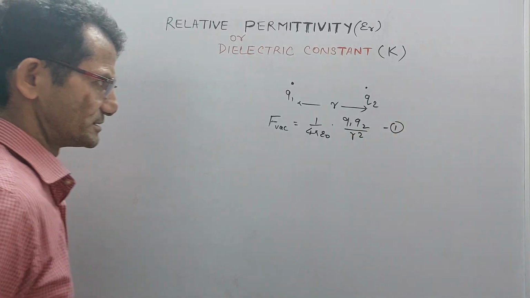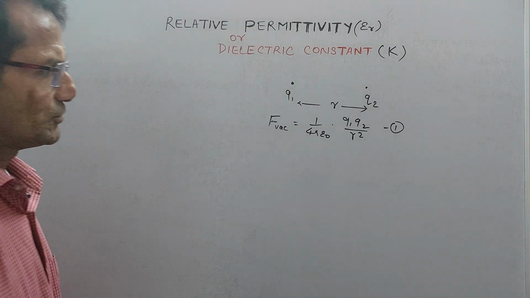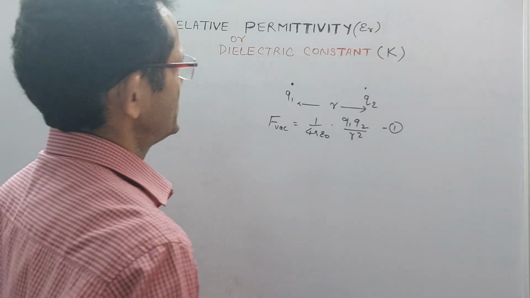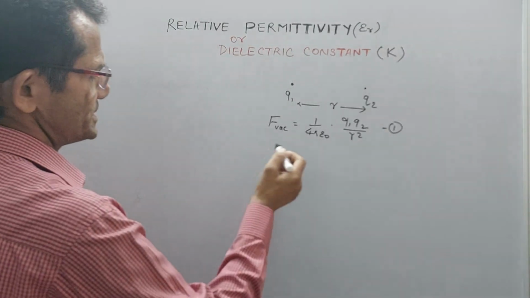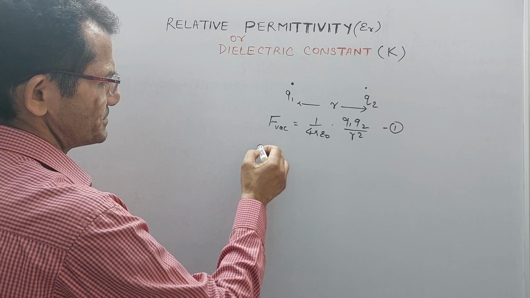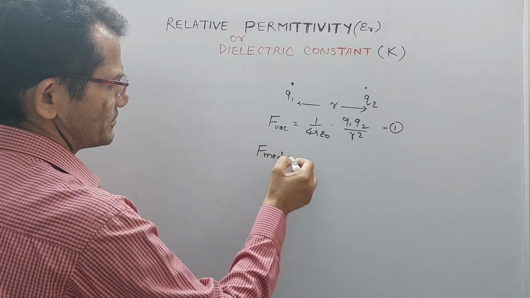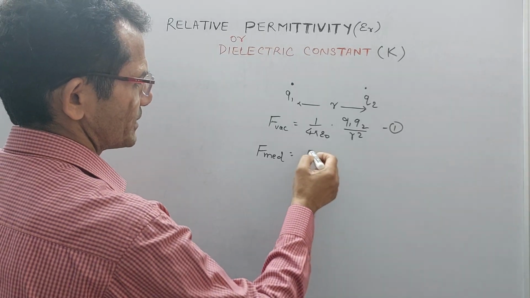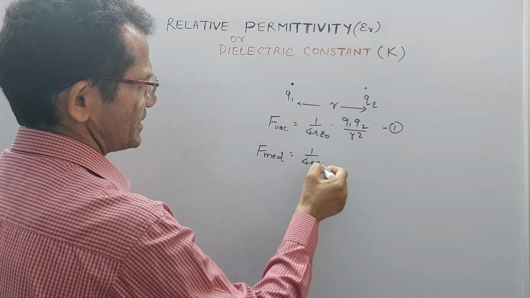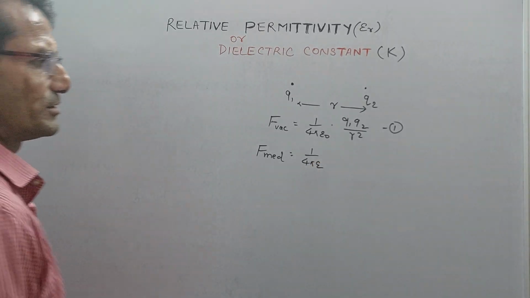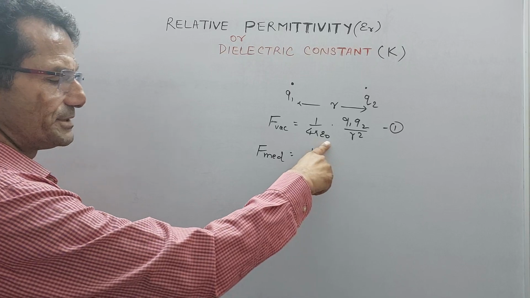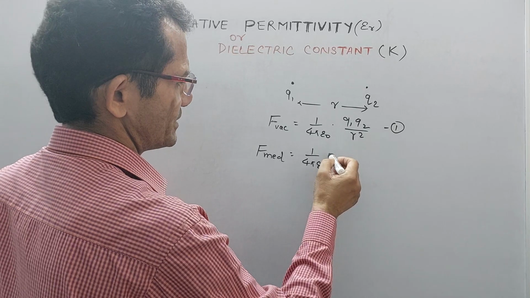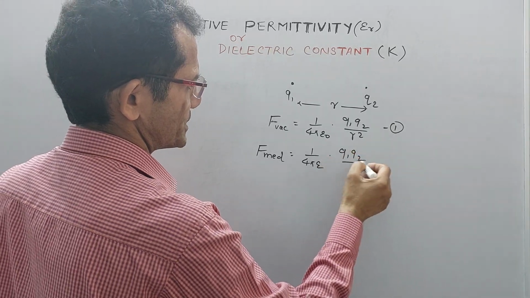This is equation number first. Now the same two charges placed at the same distance r in some other medium whose absolute permittivity is epsilon. The force between the two charges when placed in the medium would be 1 upon 4 pi epsilon, where we replace epsilon naught, q1 q2 divided by r square.